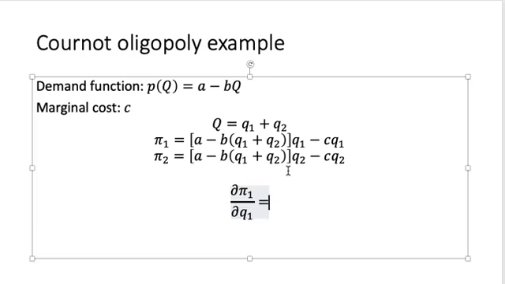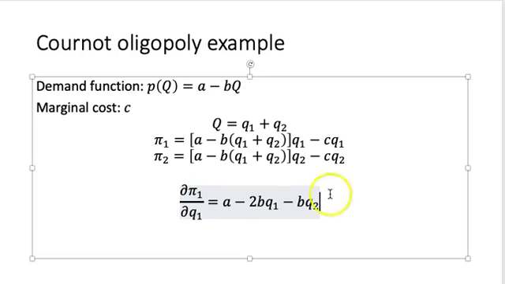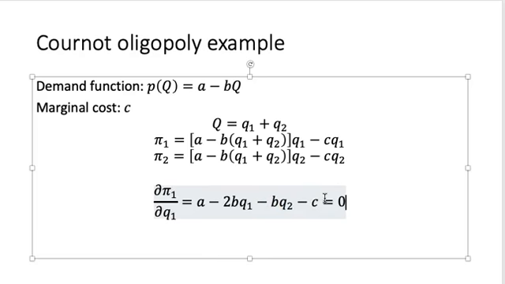We'll just go straight to the solution. This is going to be A minus 2B Q1 minus B Q2. Notice that even for firm 1, the optimal profit is a function of the output of firm 2. Then minus C, and this equals 0.